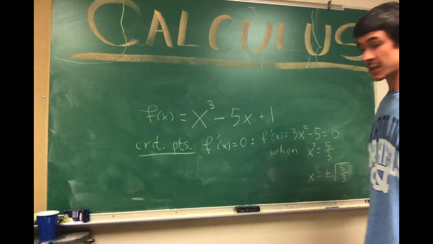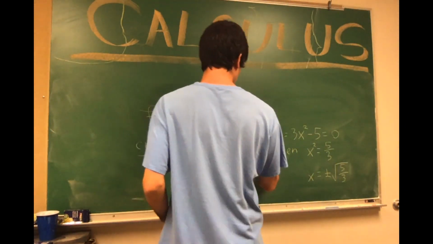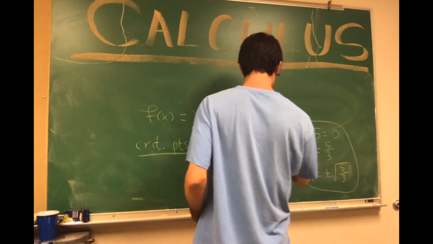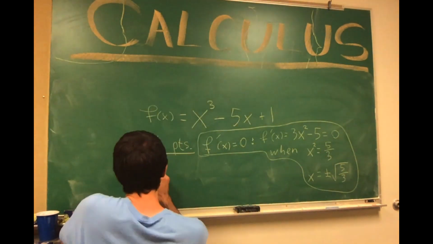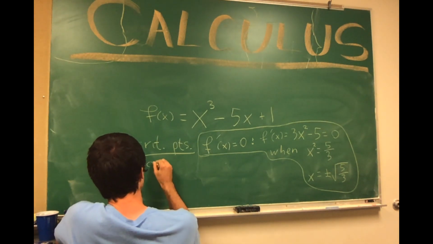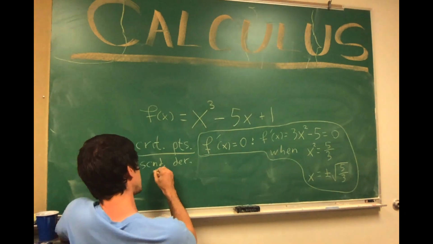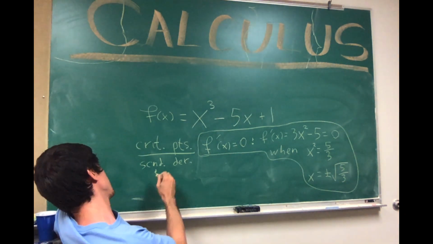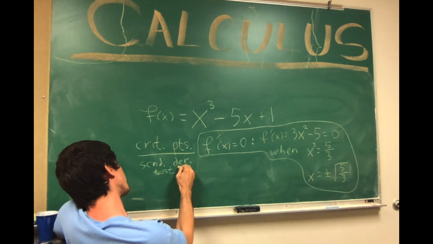Okay, so these are the critical points. Then the second derivative test: let's take the second derivative test for the critical points.